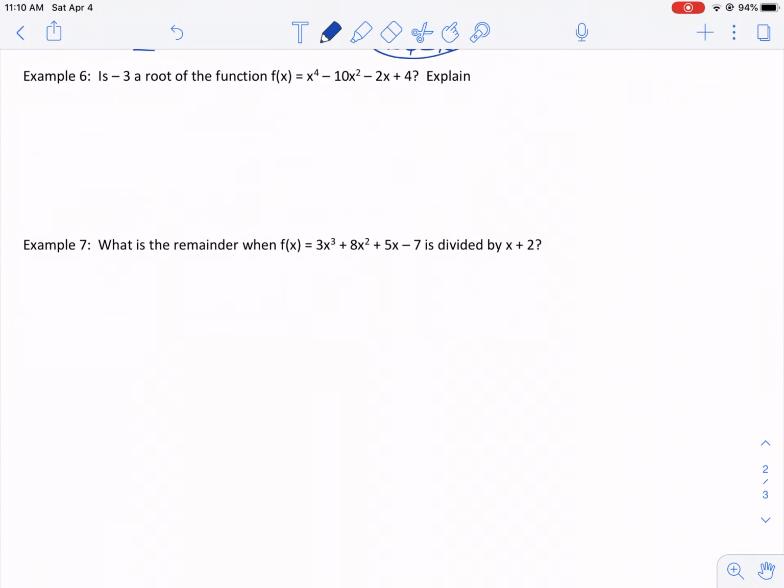Number 6, is negative 3 a root of the function? Explain. All right, so they're telling us negative 3 is the root, so we don't need to change the sign because they didn't give us the factor. So we take that negative 3 and plug it in. Negative 3 to the 4th minus 10, negative 3 squared minus 2 times negative 3 plus 4. And get the old calculator going. Negative 3 to the 4th.